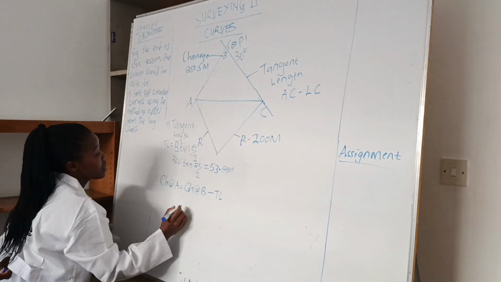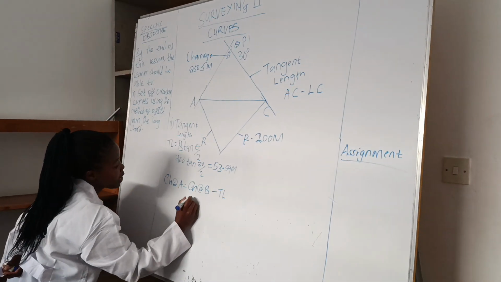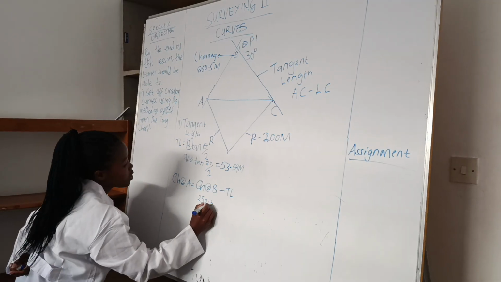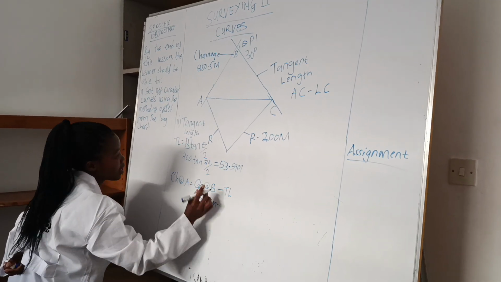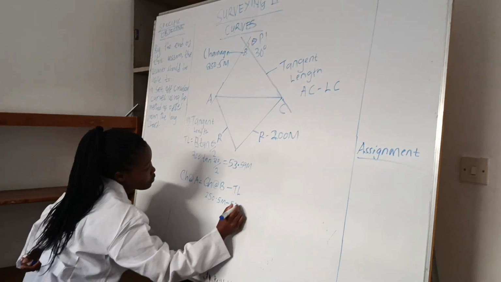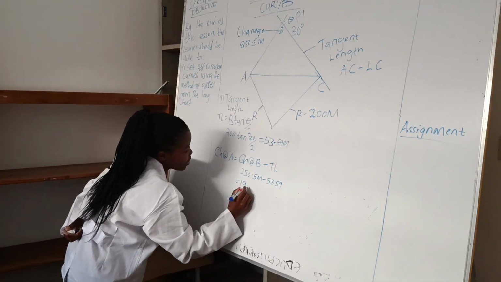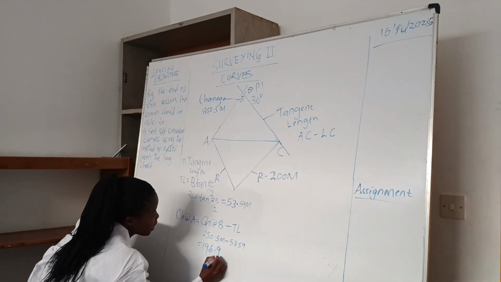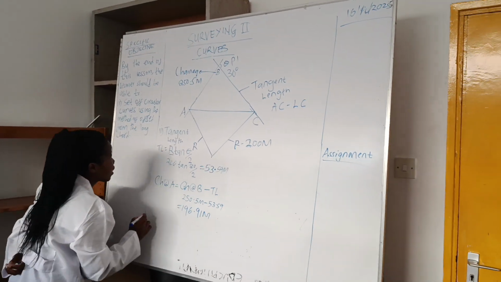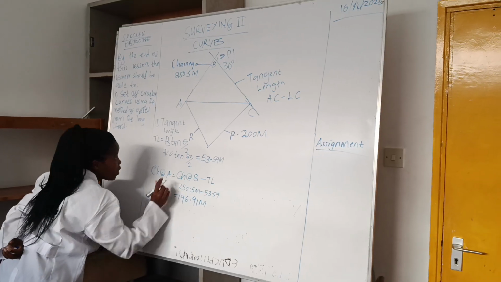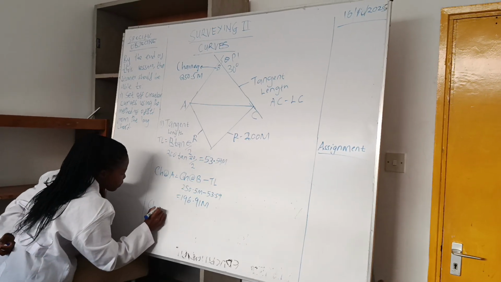That is, chainage at B is 250.5 meters minus the tangent length 53.59, giving you 196.91 meters.